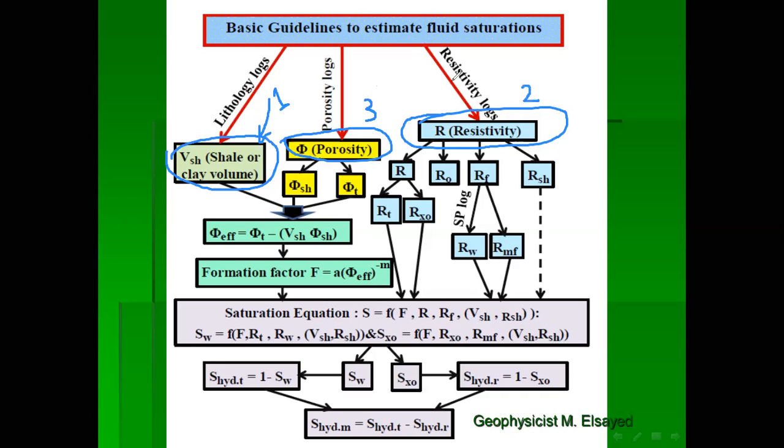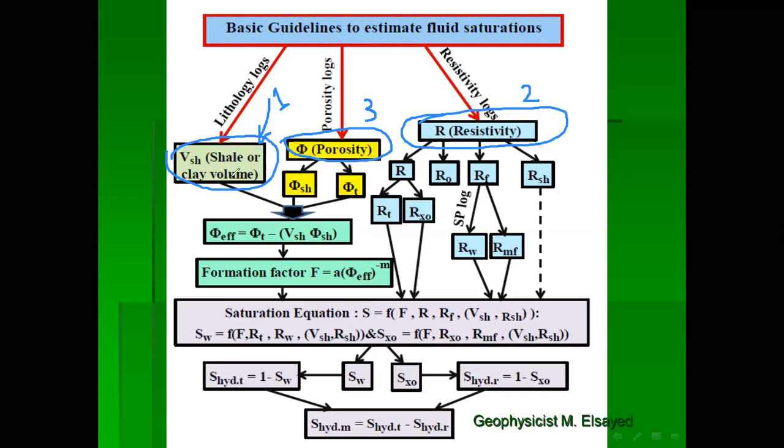So the 3 tracks of the triple combo correspond to the three basic types of data we need in the traditional interpretation to get the fluid saturation. Basically, we should have resistivity data, porosity data, and V shale data.